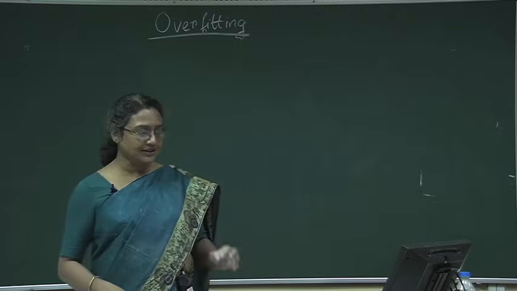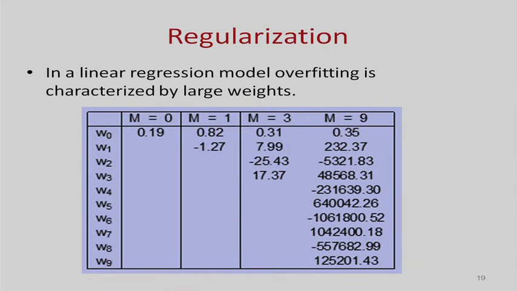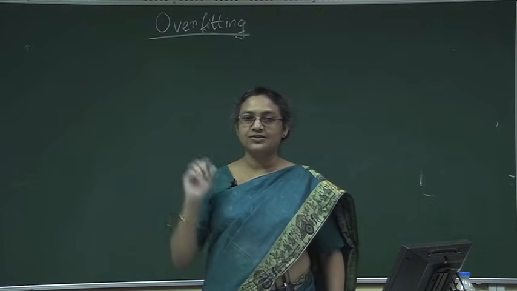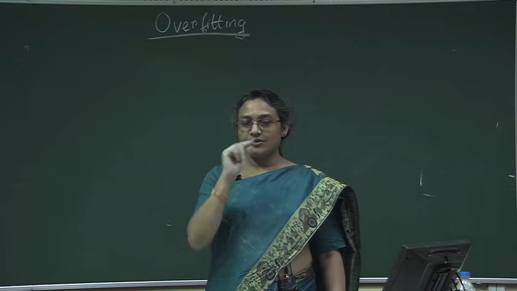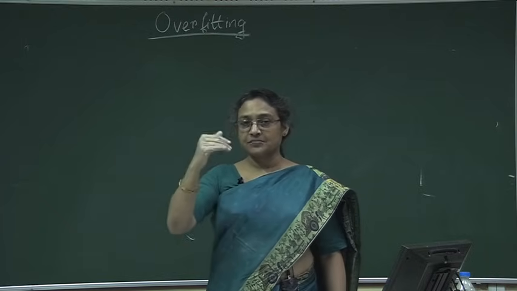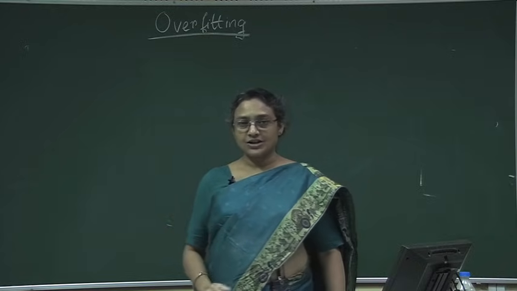Regularization is a method of dealing with overfitting in algorithms like linear regression. Now, in a linear regression model, overfitting is typically characterized by large weights of the coefficients. The coefficients beta 0, beta 1, beta 2, etc., that we use in linear regression, if overfitting occurs, normally these values become too large.